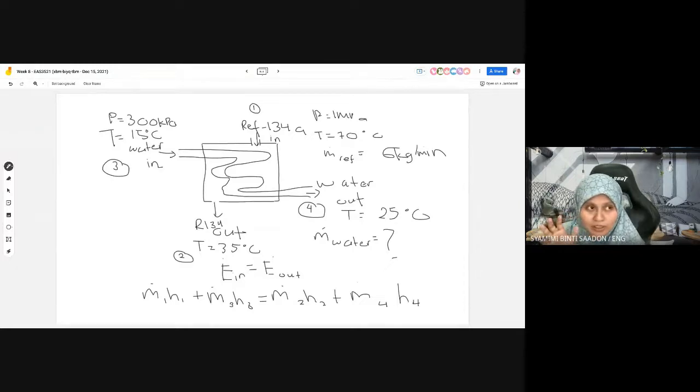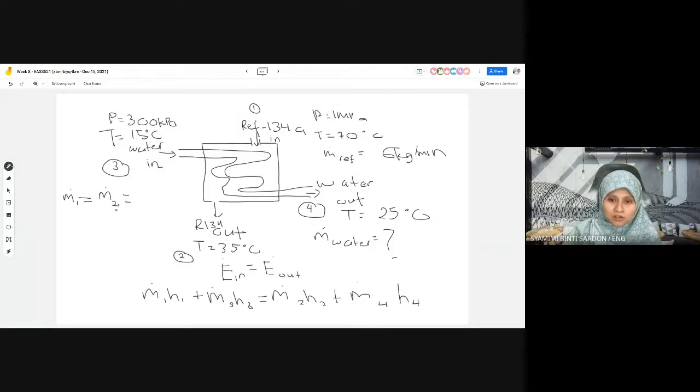There is no mass loss, no mass transfer. So this is M1 and M2. From conservation of mass, there's no mass loss, so mass inlet and outlet are the same. So this one is the M of the refrigerant.